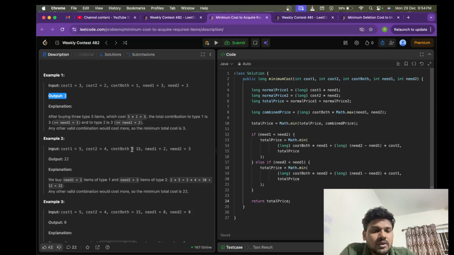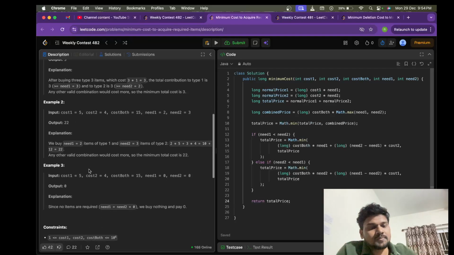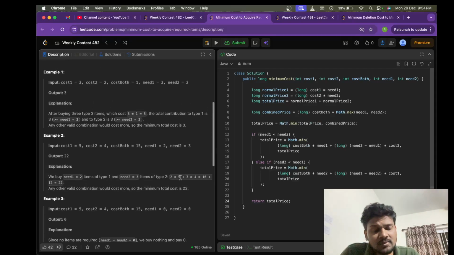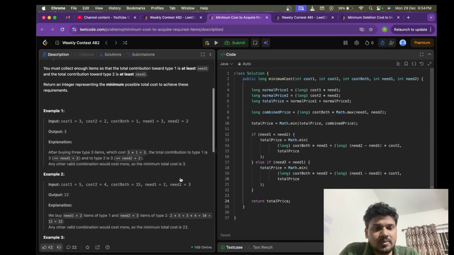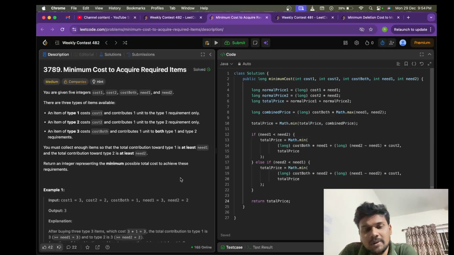But if we buy with the combination of costBoth, in that case it is going to be 75, which is more than 22, so we will go with the individual one. In the last example, the requirements are 0, so we need not buy anything. I hope you are able to understand the problem statement and its examples.